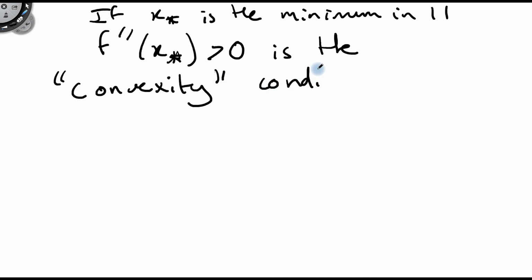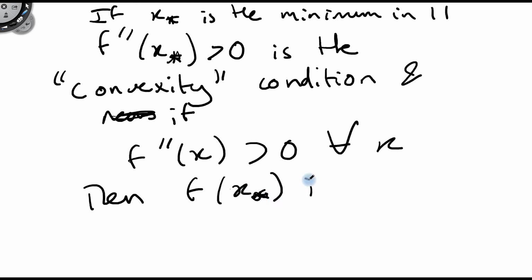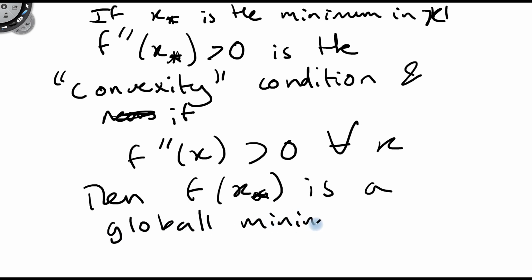It's saying the shape of the function is such that, if f double prime of x is greater than 0 for all x, then x star is a global minimum.